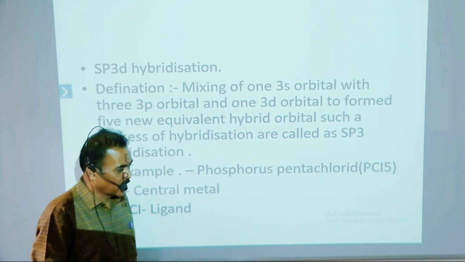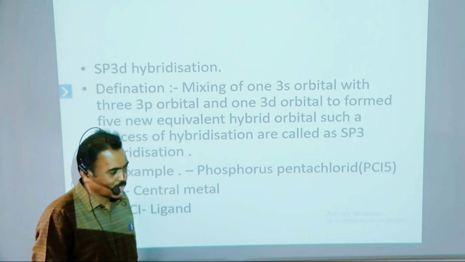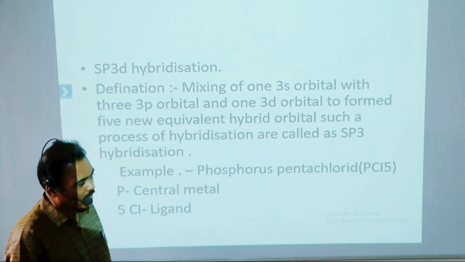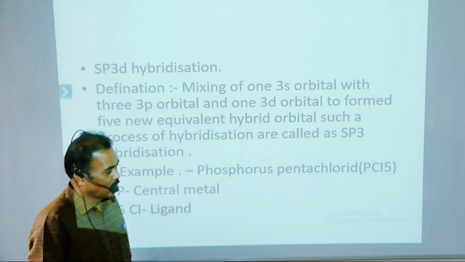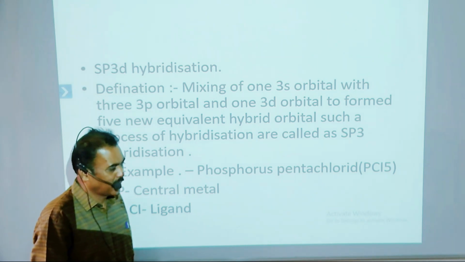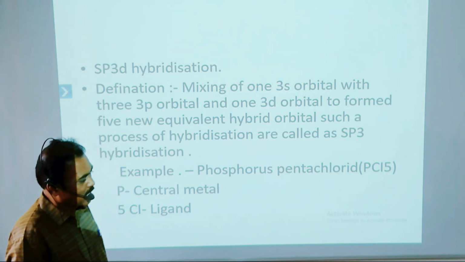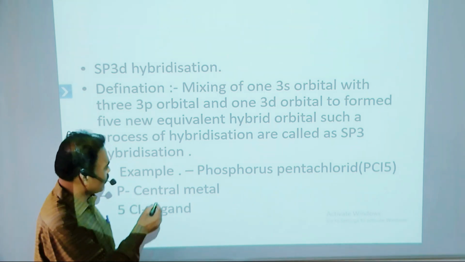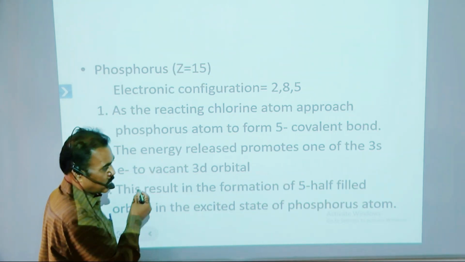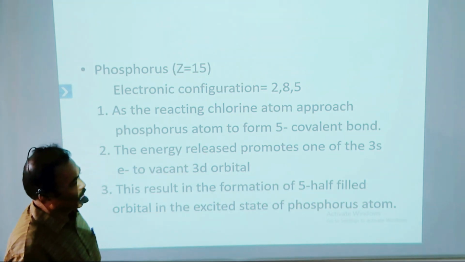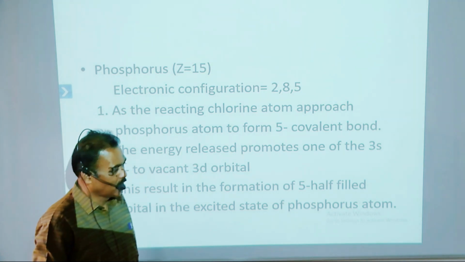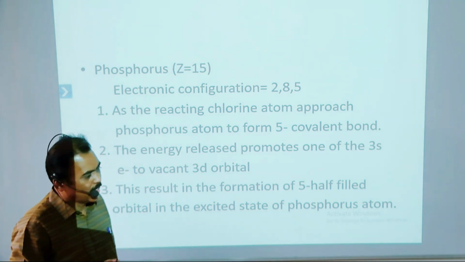The most important example of sp3d hybridization is phosphorus pentachloride, PCl5. Here phosphorus acts as the central metal and 5 Cl act as ligands. Phosphorus has atomic number 15, its electronic configuration is 2, 8, 5.